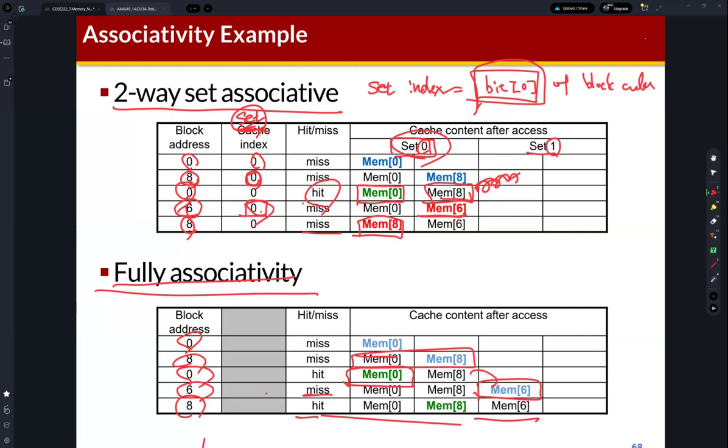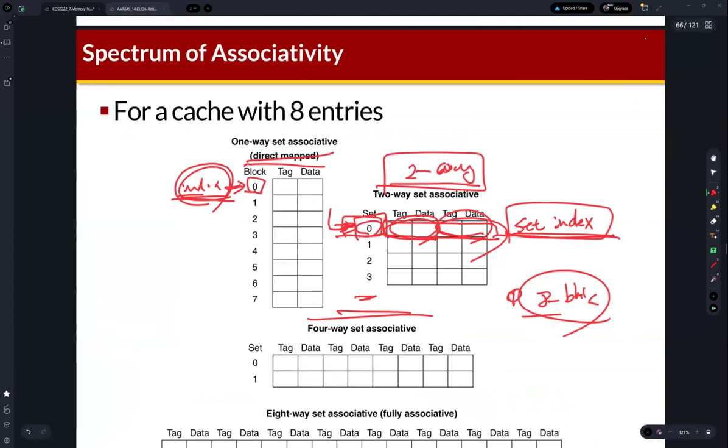I already explained the disadvantage of the direct mapped cache. For the direct mapped cache, we can allocate only one block in a cache set, so we may observe that multiple blocks are mapped to a single cache index.